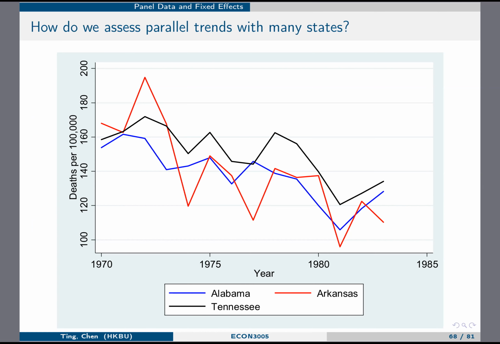Remember how we assess the parallel trend for the data. We look at the outcome variable for each of the groups, both treatment and control. In this particular case, because we have multiple treatments, we compare for each of the states. We compare in the period outside of treatment. We want to see whether, relatively, the outcome variable has a parallel trend.